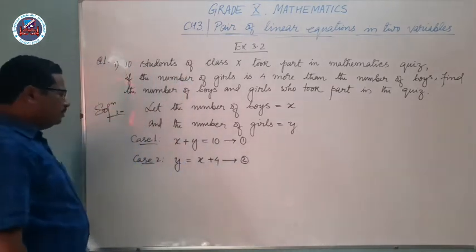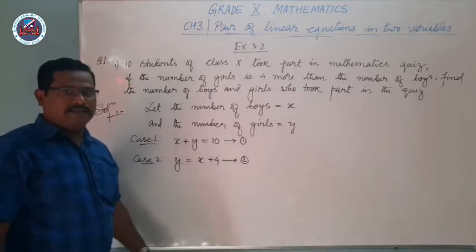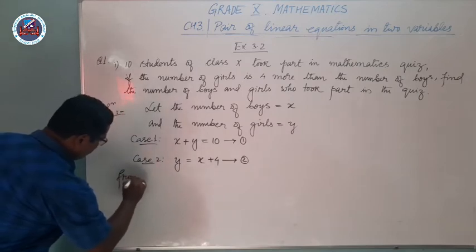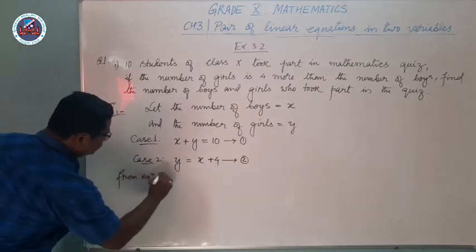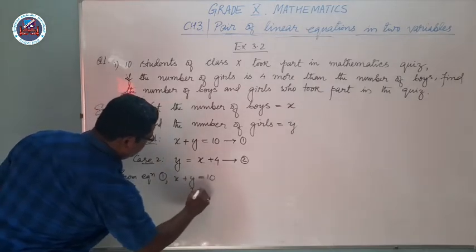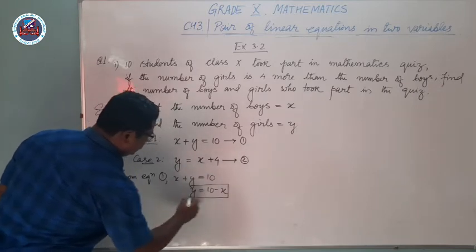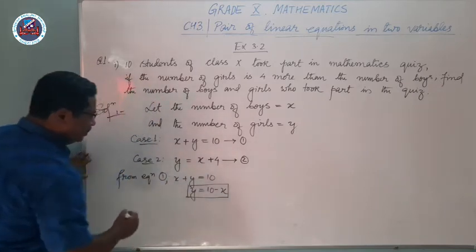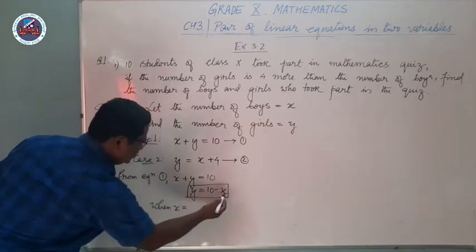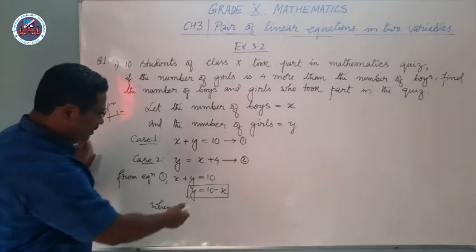Now as you are going to solve graphically, you don't have to bring this side. You can just keep it like this and start from equation 1. From equation 1, x plus y is equal to 10, so y is equal to 10 minus x. Bring the x term this side and go on putting values of x to get different values of y. 10 is a big number to place on a small board, so I'm taking it a little bigger.